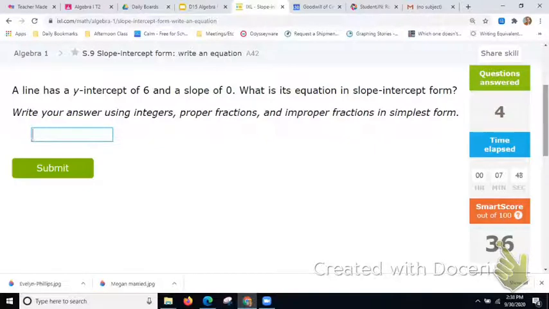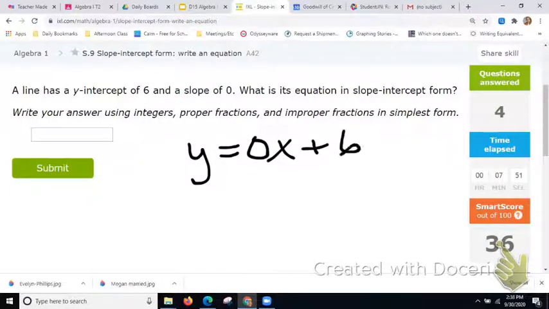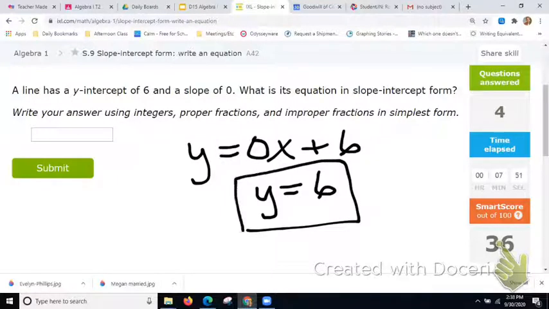So a y-intercept of 6 and a slope of 0. So this time it's the slope that's 0. So y equals 0x plus 6. And if there's 0 x's, I don't even need to write them. And this would just be y equals 6. This would be the simplest way to write that.